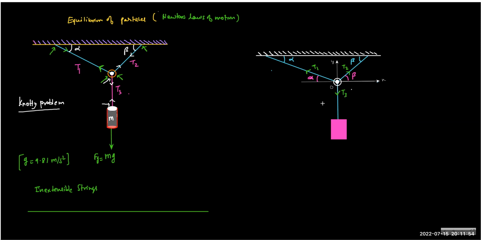But at the same time, the same tension is acting on the block upward, correct? So for the block, T3 is acting upward and gravity is acting downward. So we'll first start with the block, and then we'll go back to the knot.